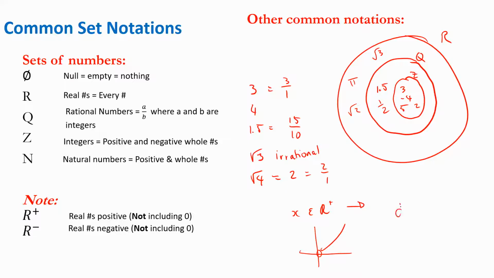And most students who write their domain without checking, they will say R plus. But that's wrong. Oh, actually, that's right. Okay, but if it actually had this, then that's wrong. Okay, so if you wanted to write R plus, that's fine. But that's including 0. So now you have to learn how to use one of these set notations that you learned to include the 0.